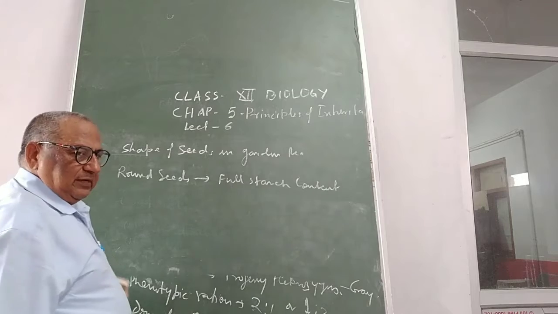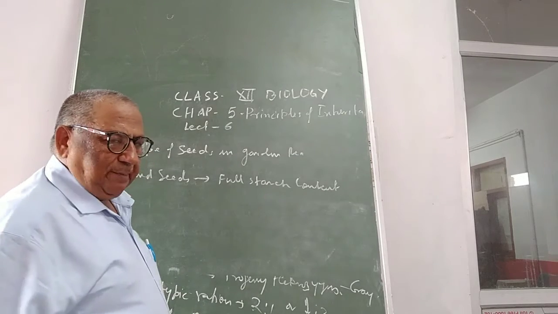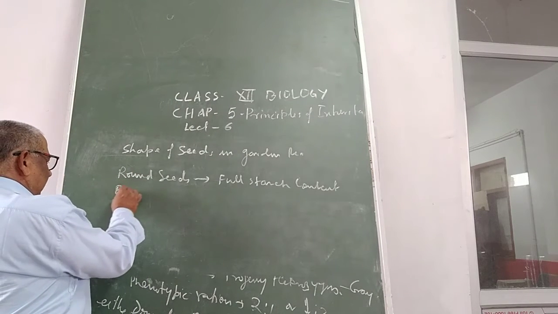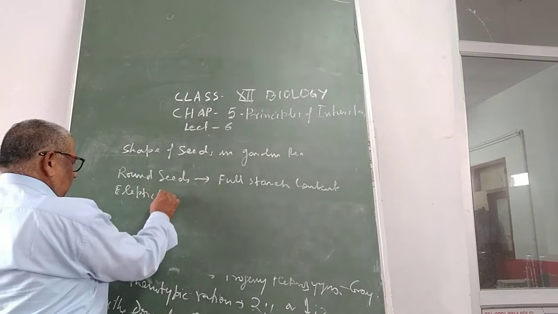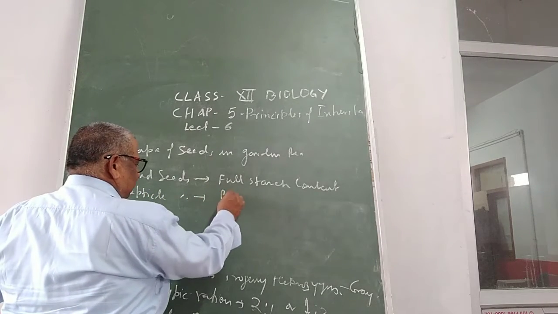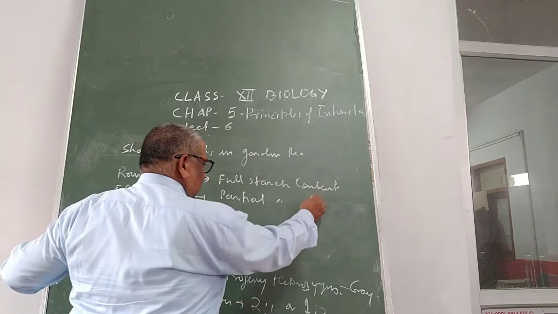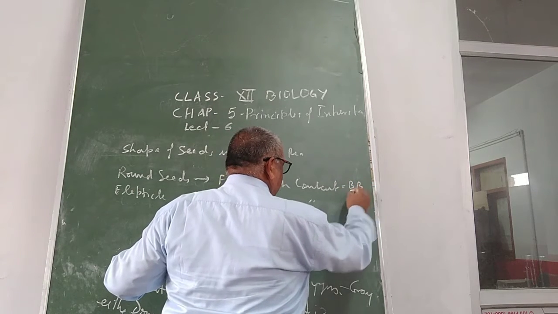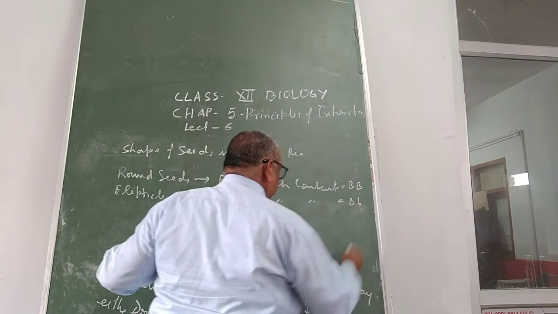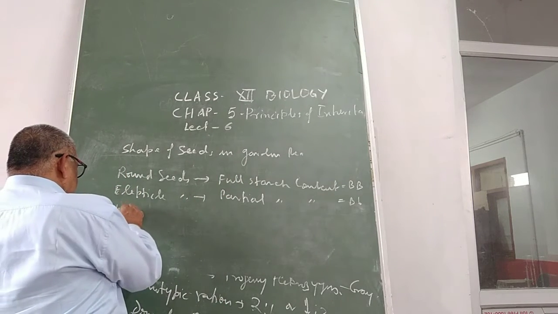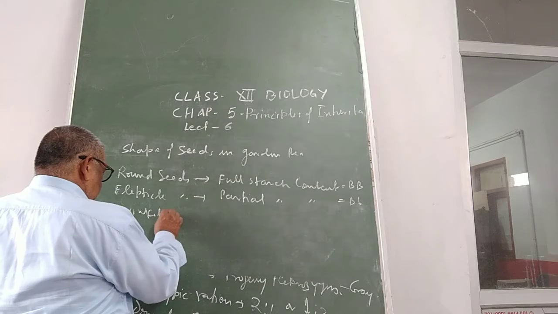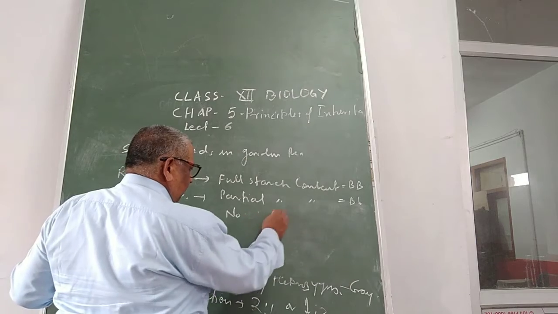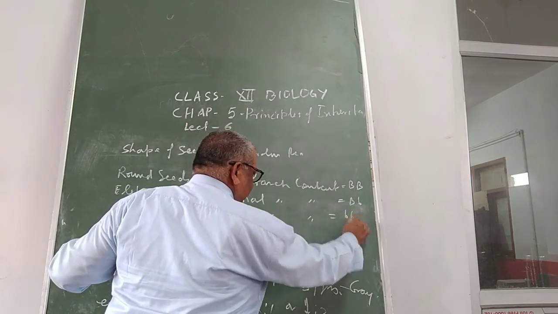It means the synthesis of starch and shape of seed are two characters controlled by a single gene. Now, elliptical seeds are partial starch form, and we can call them capital B small b, or we see the wrinkled seed. Wrinkled seed means no starch content, or we represent small b.